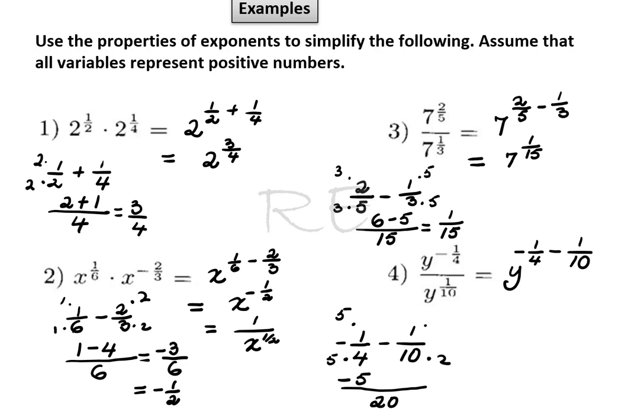We will multiply 10 by 2, -2. -5 minus 2 will be -7. So we have -7 over 20. Y to the -7 over 20, which is 1 over y to the 7 over 20.